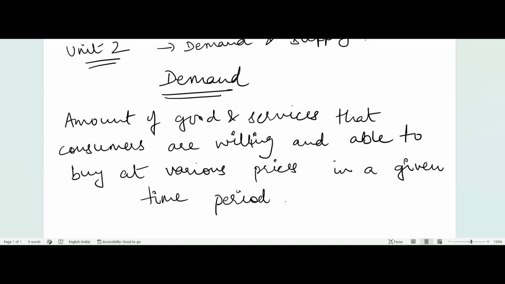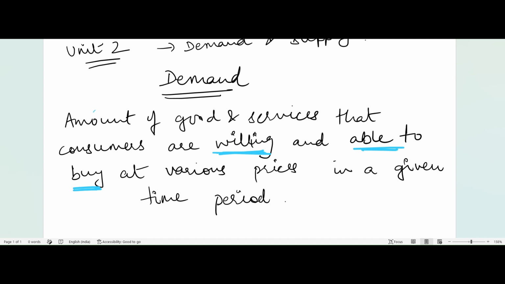Now, two things that you have to really look at in this are willingness to buy and ability to buy. If both of these things are satisfied, then only we say that it's a demand for a particular product or service. For example, let's say I want to buy a Corvette.